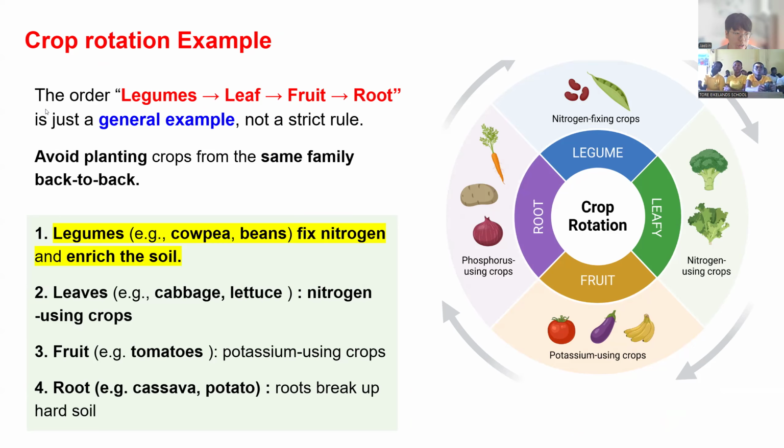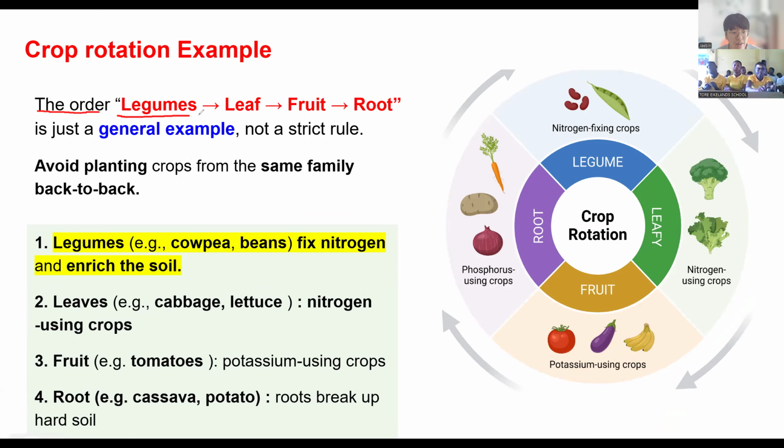The order of crop rotation is typically legumes, leaf, fruit, and roots. This is just a general example, and it is not strict. So this order is what crop rotation generally or broadly follows.